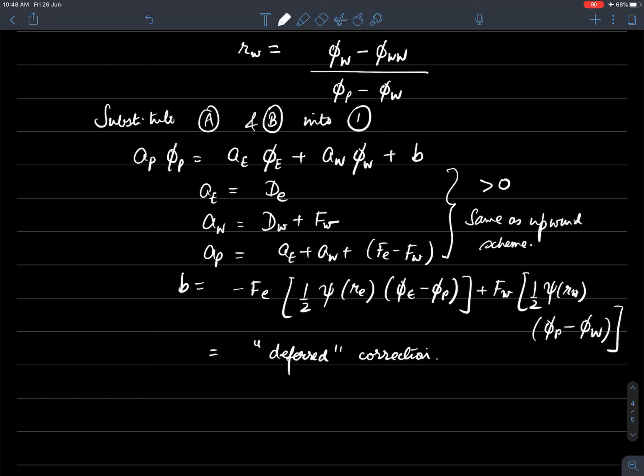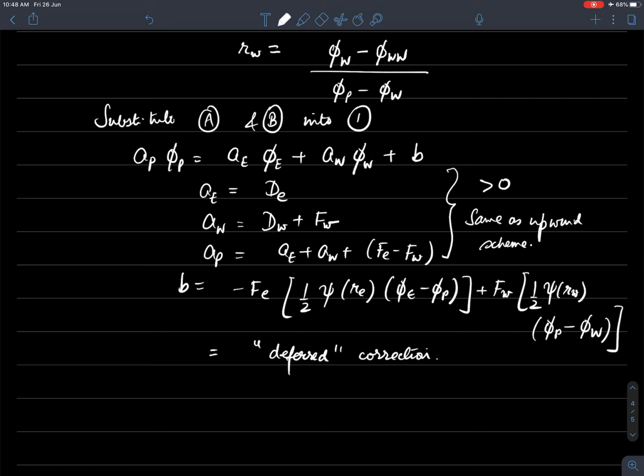One of the other things that the TVD schemes ensure is that they give far less diffusion than the first order upwind scheme. Even though the solution may look like the solution of the upwind scheme problem, it shows far less diffusion because of this correction B. And the answers are also very close to the QUICK scheme.